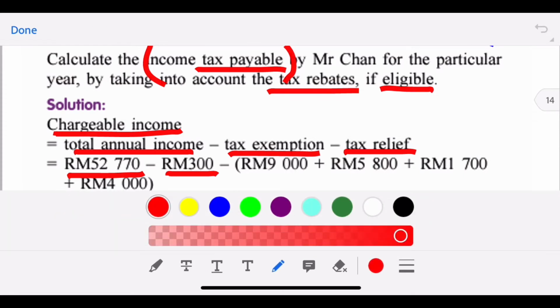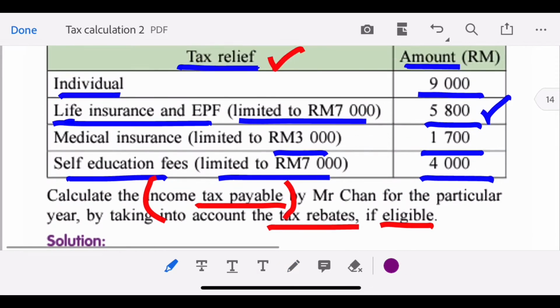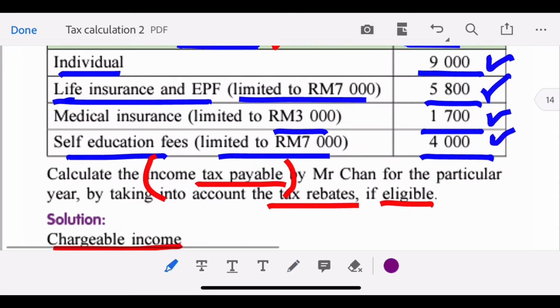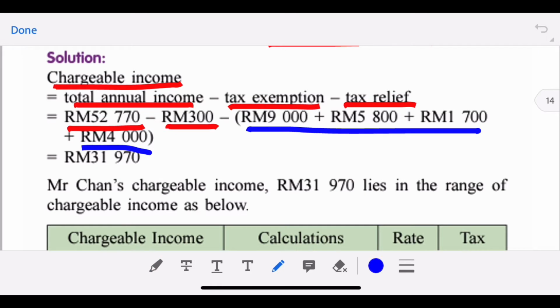In order to minus all the tax relief, we will prefer to plus all the tax relief and minus it in one shot like this. It's actually easier for us to plus than minus, right? So the chargeable income is 31,970.